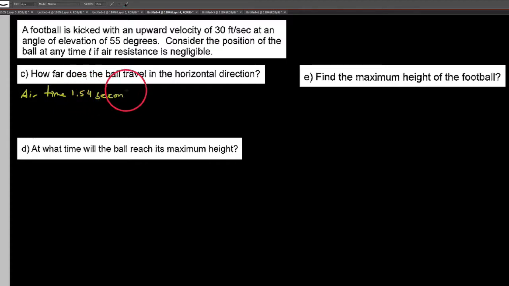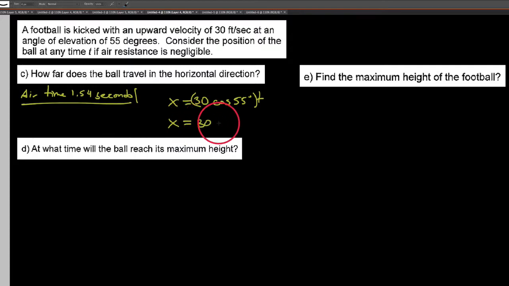So what we're going to do to find our horizontal displacement is we're going to take our x parametric equation here, which is 30 cosine 55t, and we're just going to plug in for our time 1.54 seconds. So what we end up with then is our horizontal displacement is 30 cosine 55 degrees, but we're going to take that at 1.54 seconds after we started.